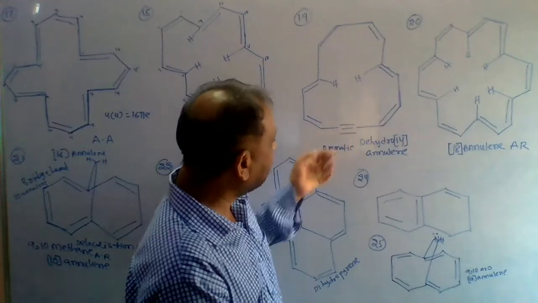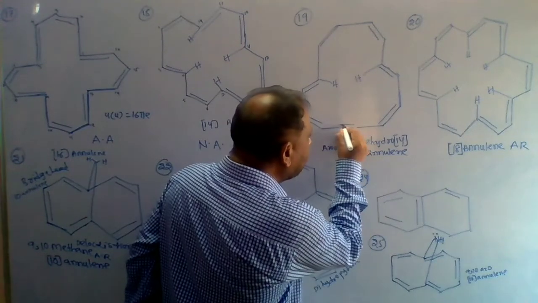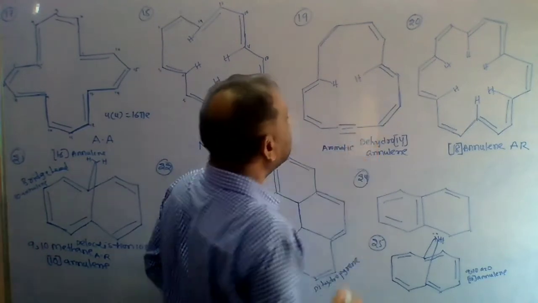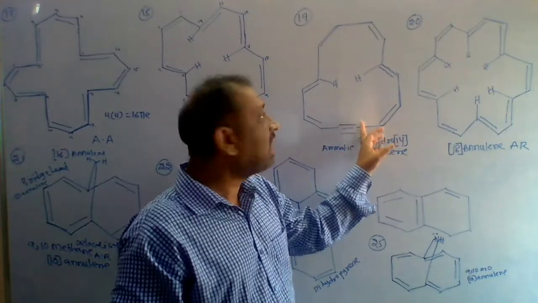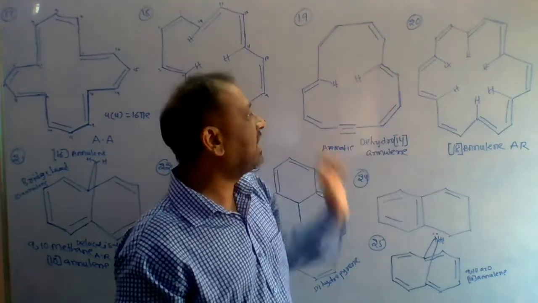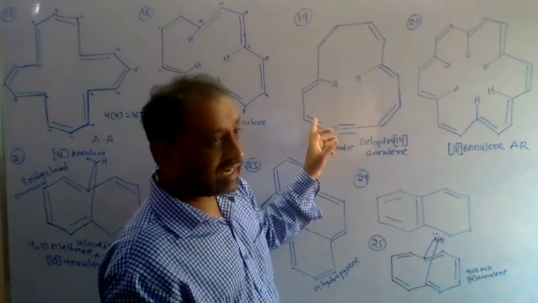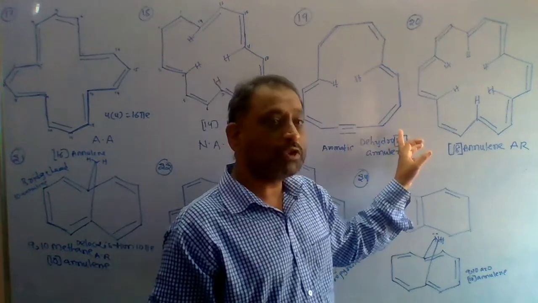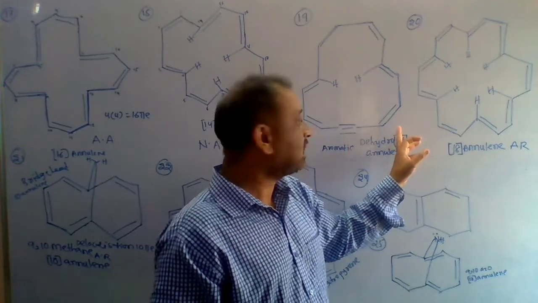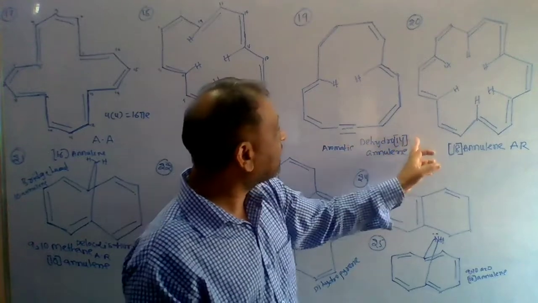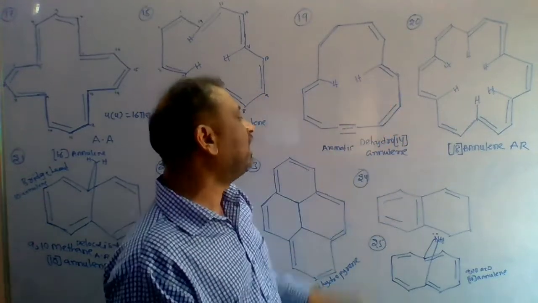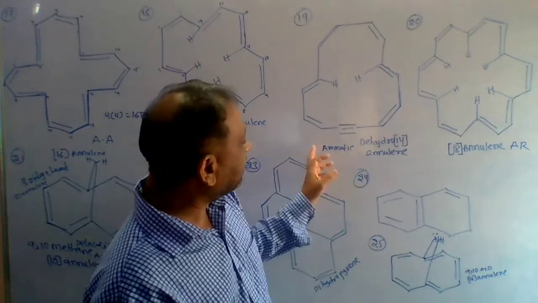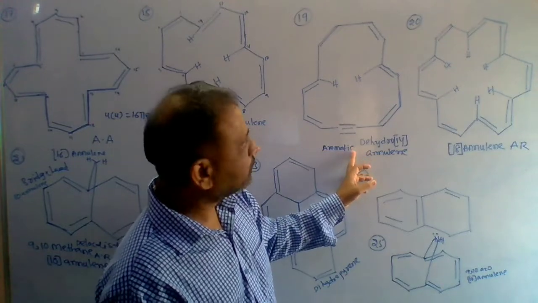Here a triple bond is there, but only one pi bond's electrons are involved in complete delocalization. 14 pi electrons, which obeys the 4n plus 2 rule, Huckel's rule, are involved in complete delocalization. Hence it is an aromatic compound.